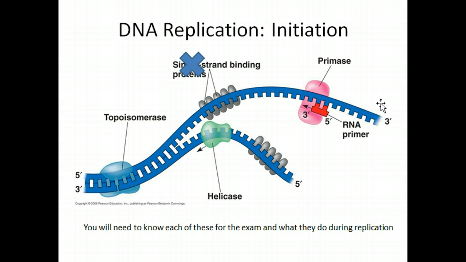Okay, so the actual process of DNA replication. Again, you just kind of have to learn some of the players involved in this process. So you can view DNA as a zipper. I think this comparison is apt. So if this is your origin of replication here, you're forming a bubble here. Basically, what you're going to do is you're going to proceed in different directions based on the nature of the DNA molecule.